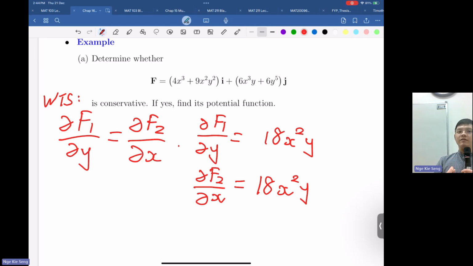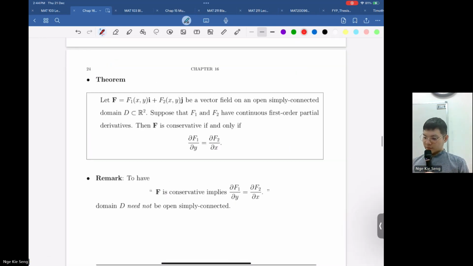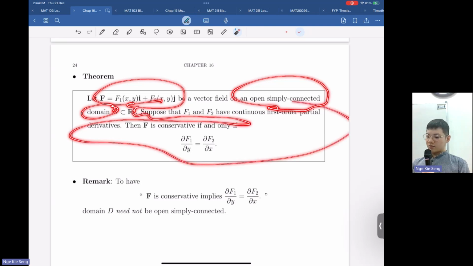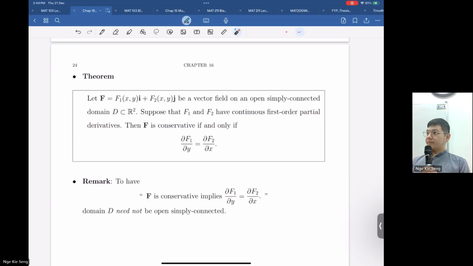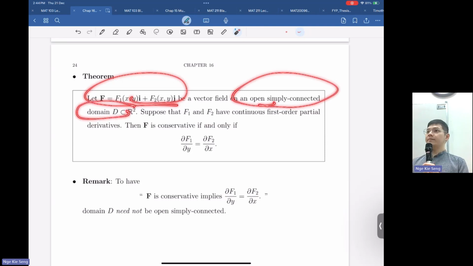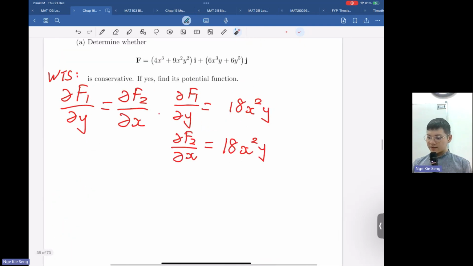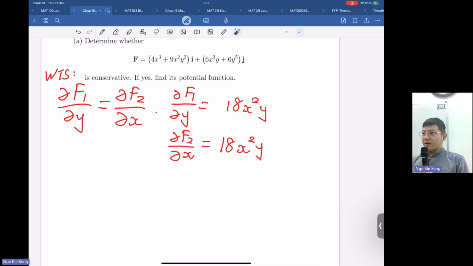You still need to check whether this function works on an open simply connected set or not. Remember, you have to have your vector field on an open simply connected domain. Only then can you use these 2 conditions. But the domain we consider here isn't mentioned, so if it doesn't mention, we regard this as the whole R2.